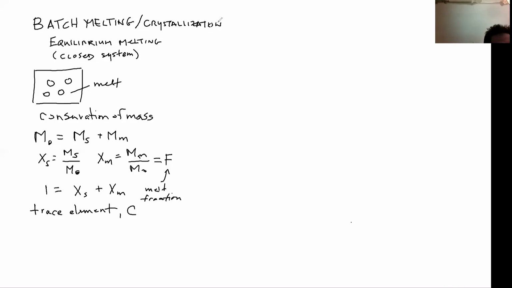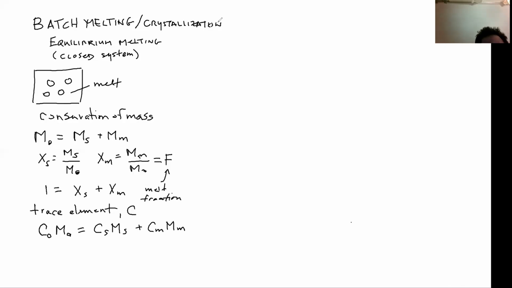So the total mass of an element in my magmatic system would be the average concentration of the total system, C0, multiplied by m0, right? And that then must equal the total mass in the solids, Cs ms at any given time, plus Cm mm, right?